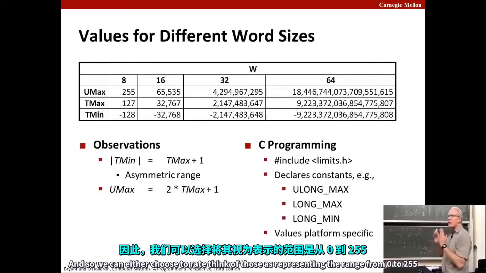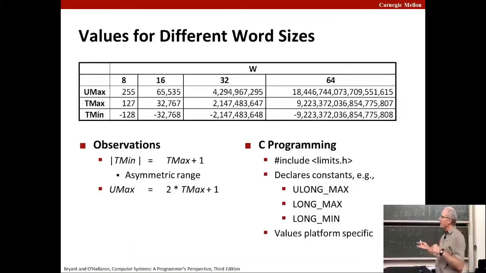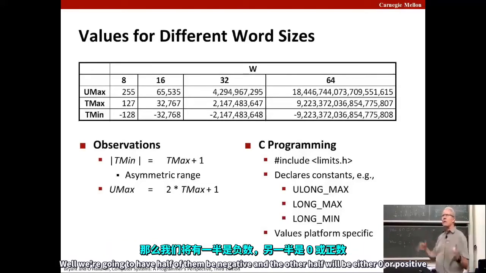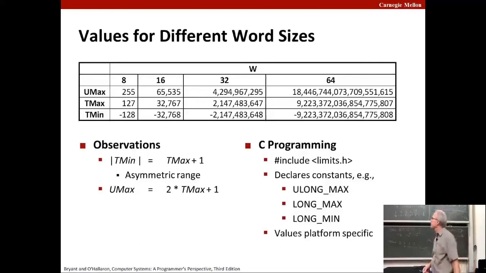So we can either choose to think of those as representing the range from 0 to 255, or basically with 2's complement numbers, we're just doing a sort of a wraparound. We're saying, well, we're going to have half of them be negative, and the other half will be either 0 or positive.